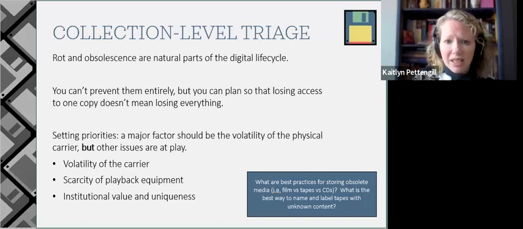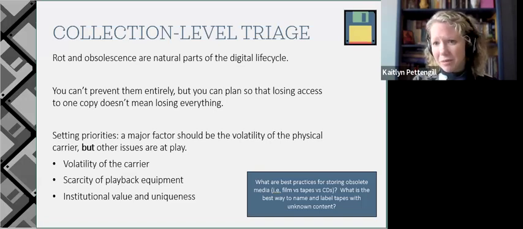Setting priorities is essential. The major factor is whether something is volatile, but it's also about the likelihood that you'll be able to access the playback machine. So if it's Betamax, the Betamax itself is probably pretty secure, but how are you going to find the playback machine to actually access it and actually view it?